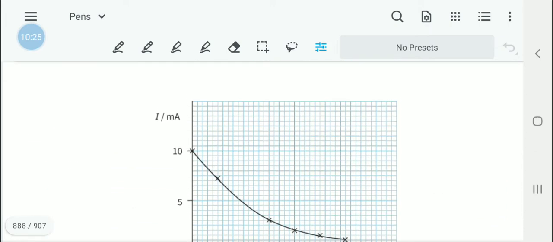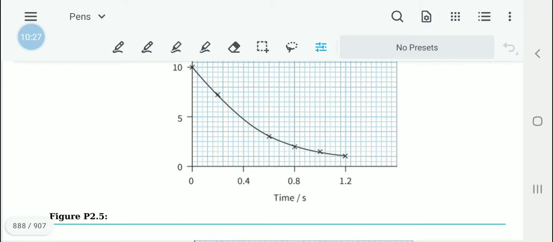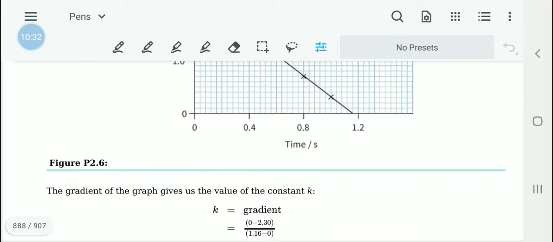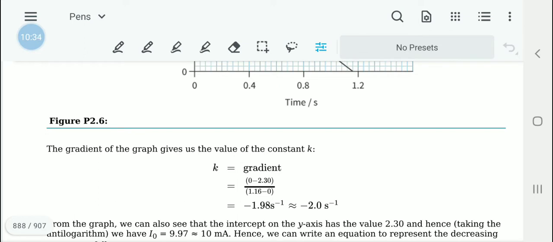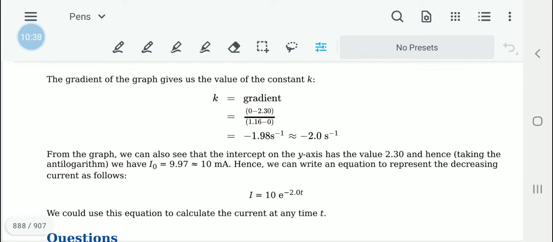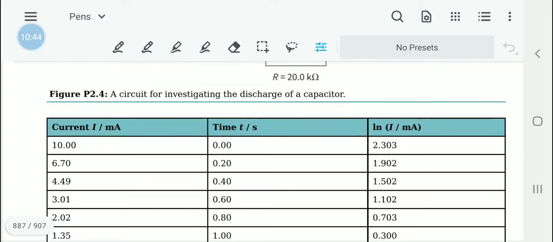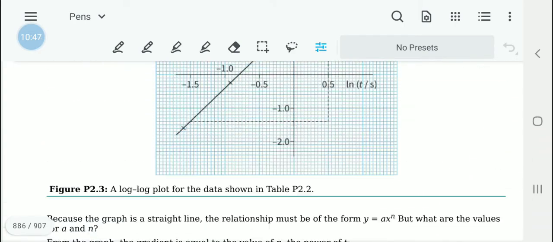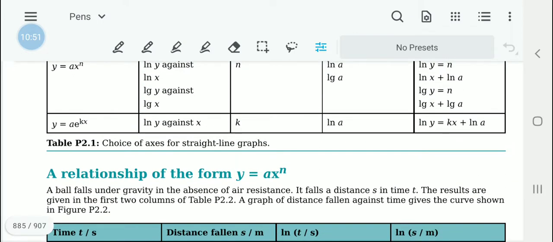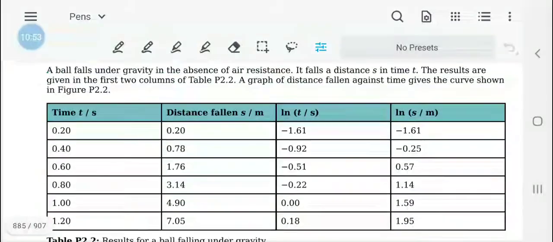So this is I against time. Here is the natural logarithm of I against time. Because that is a straight line, we can figure out that it is in this format, y equals a e to the power kx. I hope you understood.